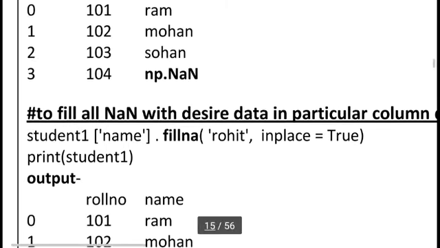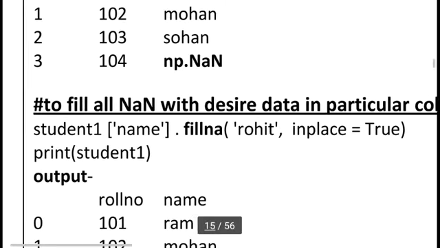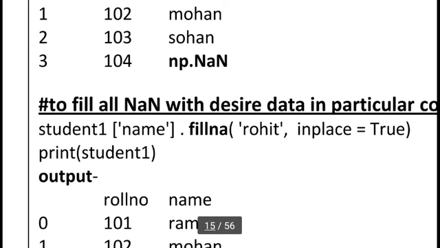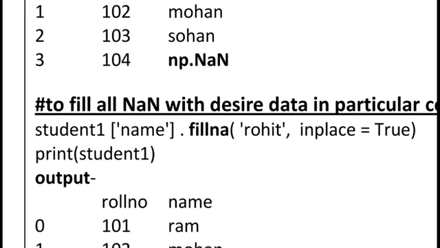So I want to replace this np.nan with the actual name. For this purpose I am using student1 in square brackets name. We already know with a data frame, using square brackets we can access a particular column. So student1 square bracket name, dot. Here I am not using sum, max, mean. Here I am using the fillna method, meaning fill NaN values.